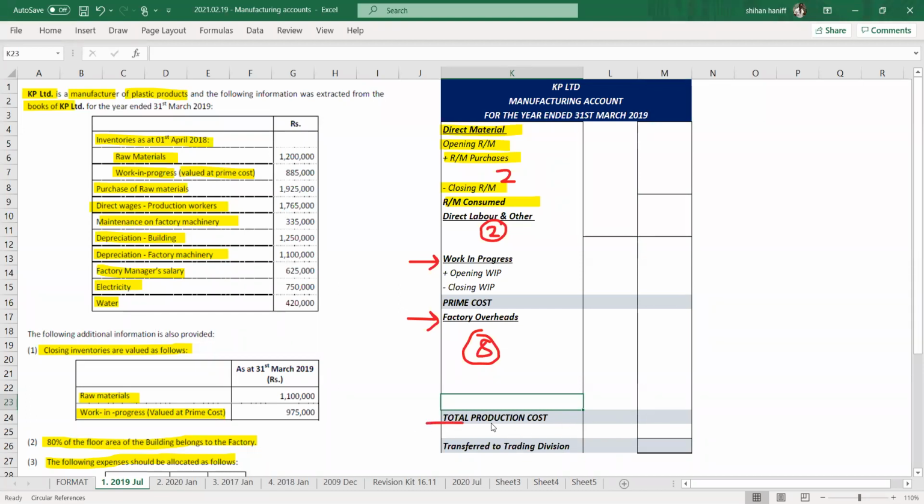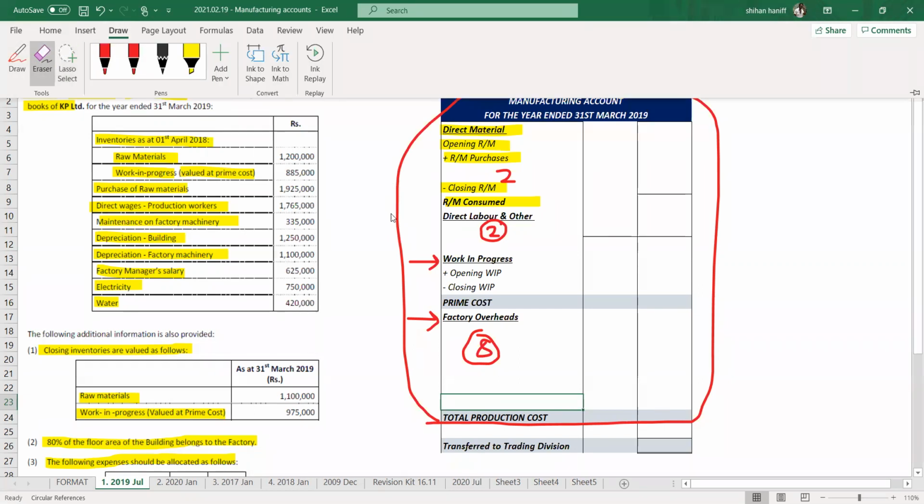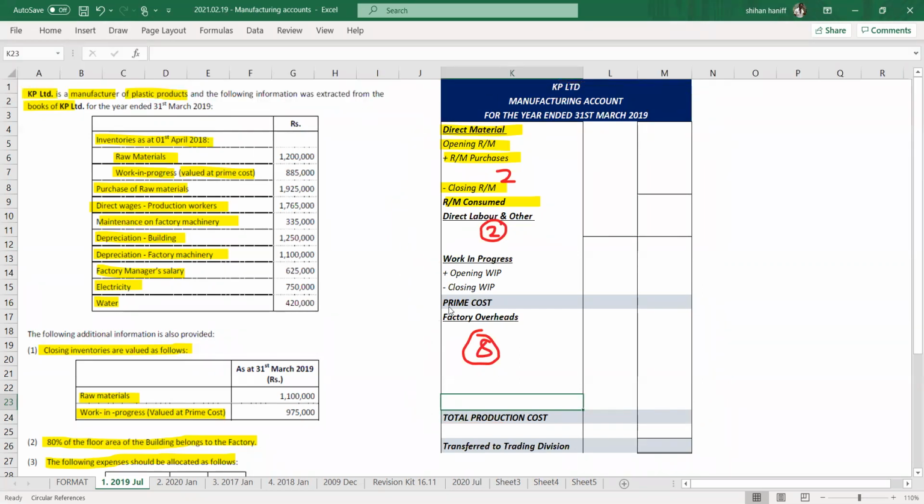So after this, can you all draw the format? Draw the format, then I will explain.